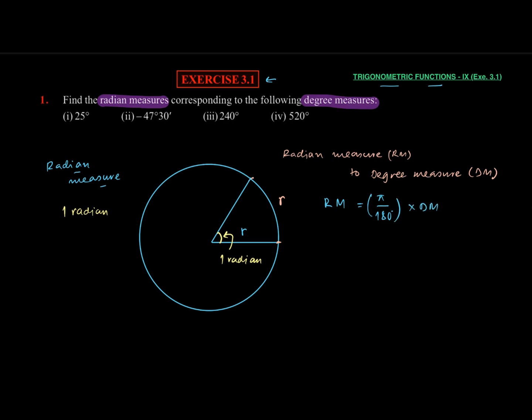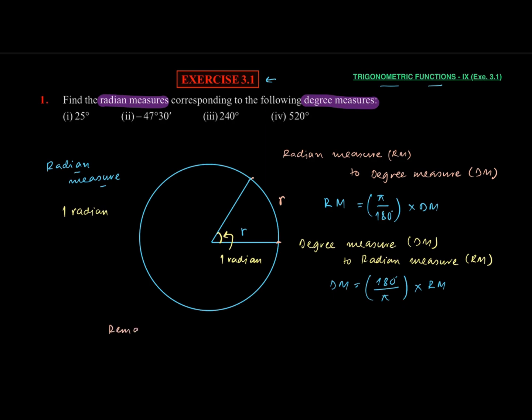To convert radian measure to degree measure, the formula is: degree measure is equal to 180 degrees over pi times radian measure. So these are the two formulas which we'll be using.